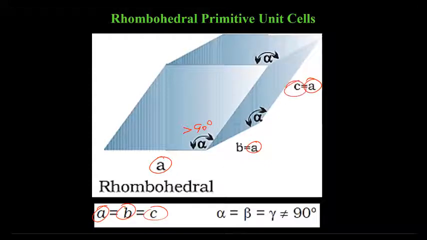Between B and C, it will be more than 90 degree. Between A and B, gamma. Gamma will also be equal to alpha, greater than 90 degree. So all angles will be equal and greater than 90 degree, not equal to 90 degree.